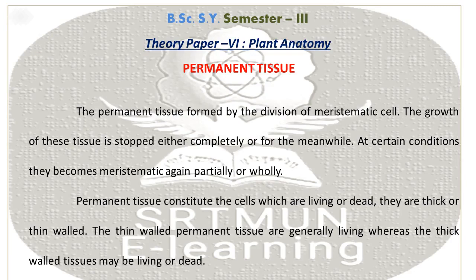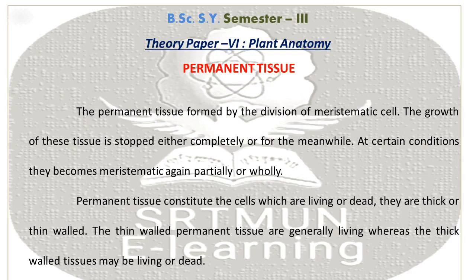Permanent tissue. The permanent tissue is formed by the division of meristematic cells. The growth of these tissues is stopped either completely or for the meanwhile; under certain conditions they become meristematic again.